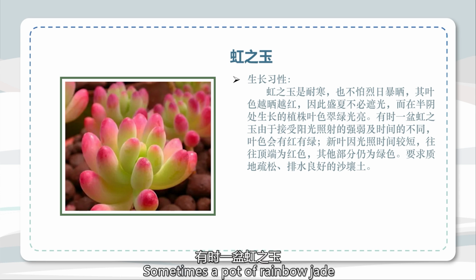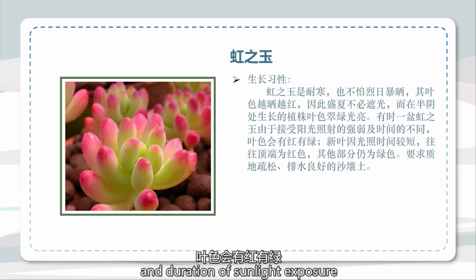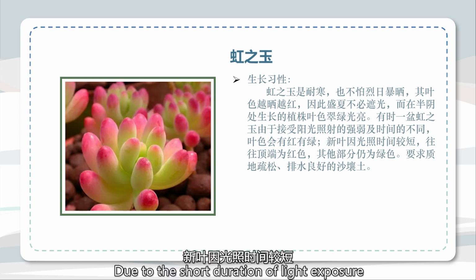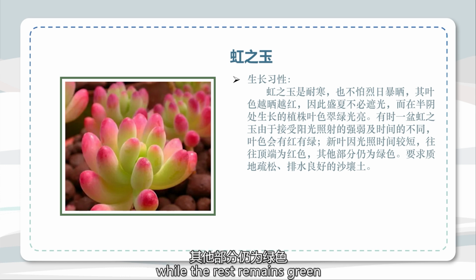Sometimes, a pot of rainbow jade may have red and green leaves due to differences in the intensity and duration of sunlight exposure. Due to the short duration of light exposure, the top of new leaves often appears red, while the rest remains green. It requires loose texture and well-drained sandy loam soil.